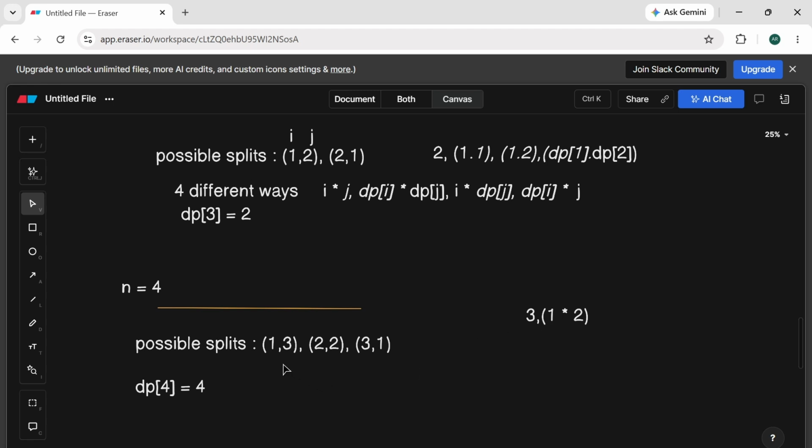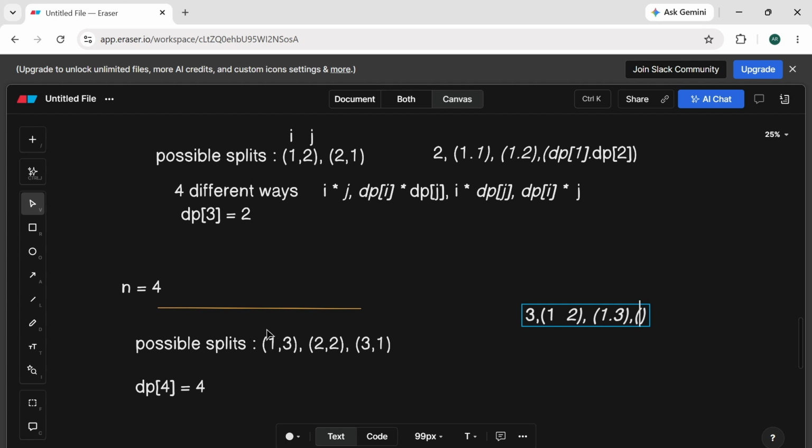Now what is another way? I'm deciding to split 1, but we cannot split 1. So another way is you will put 1 as it is, and I am also keeping the 3 as it is. So 1 into 3 is also an answer.